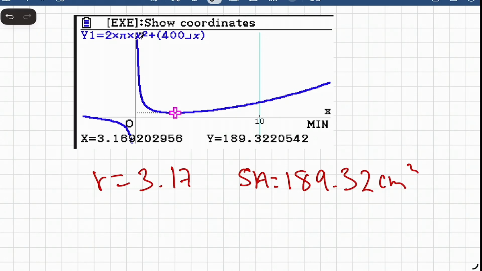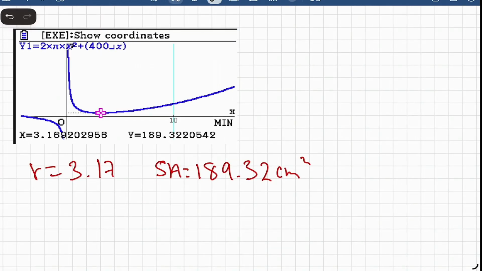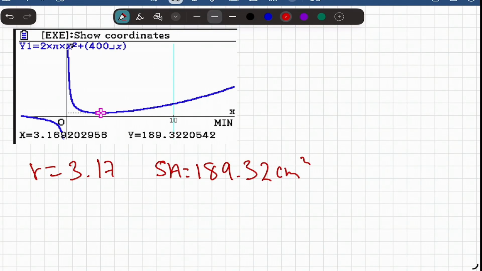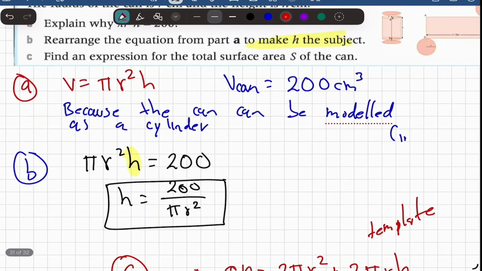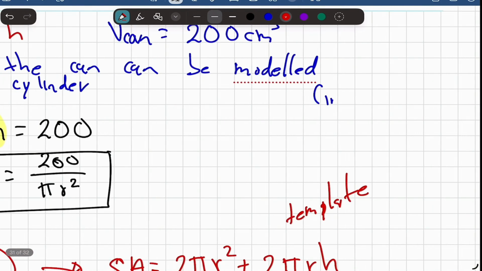But remember, the cylinder has a radius and also has the height. But if you remember, we have an expression for the height at the very beginning, we were saying that the height is given by what? This one, 200 divided by pi times radius squared.